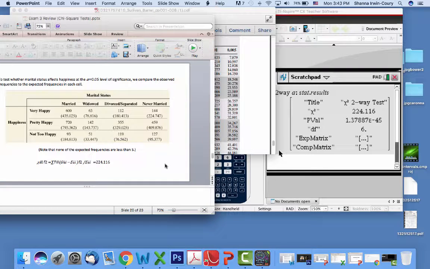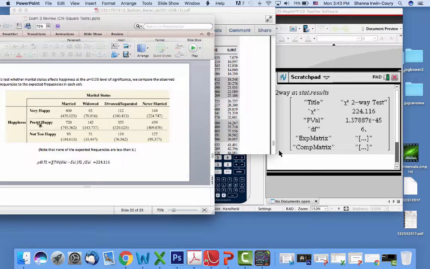Okay, and the other thing about chi-square is you need these expected values to not be less than 5. You're allowed like 20% to be less than 5, but it's really better if none of your expected values are less than 5. So if you want to have this many categories, this is 12 categories, if you only ask 40 people, you can't run a chi-square with these categories because you don't have enough people to have 5 as an expected value in each box.